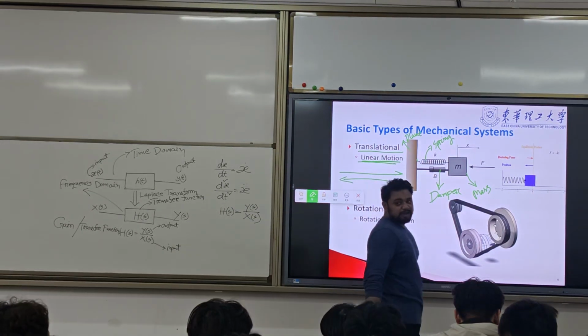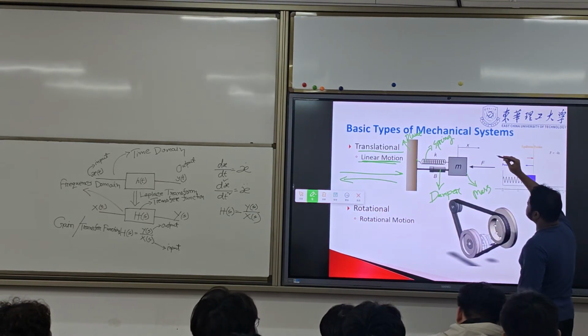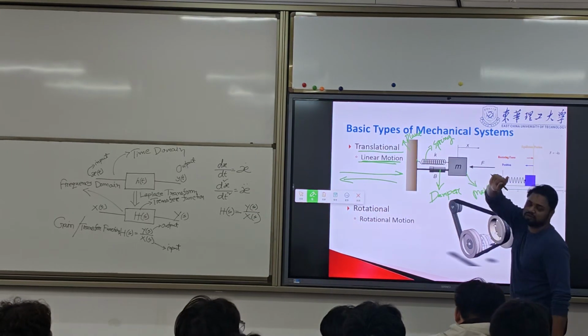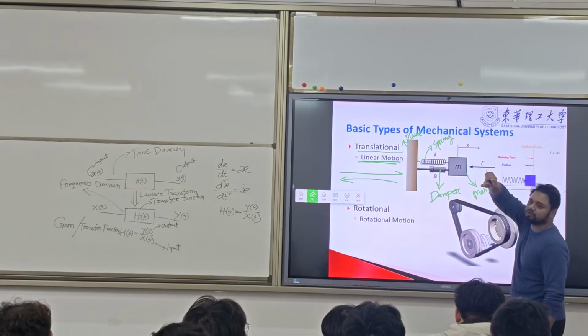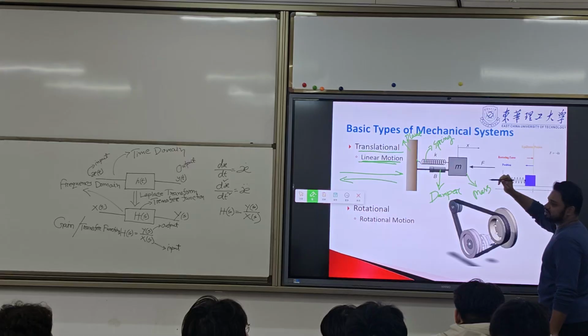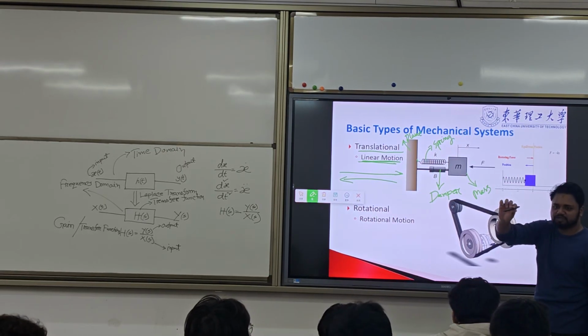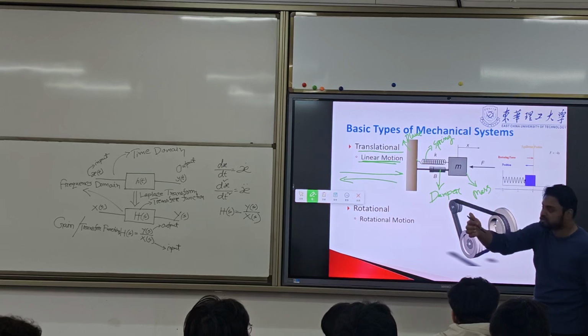For the displacement, the first one we call Newton's law. Newton's law tells us that if you apply a force to a mass or to an object, there will be a displacement.